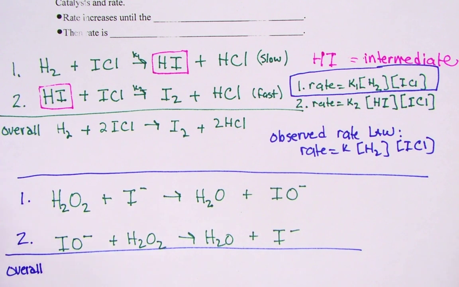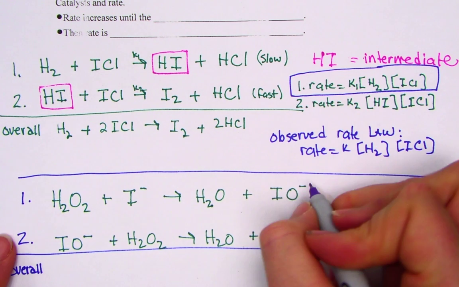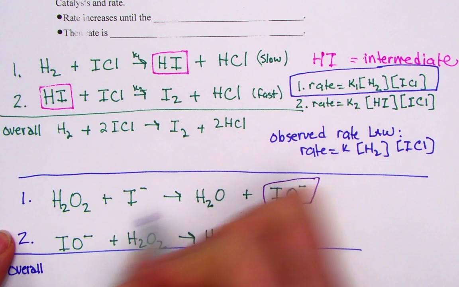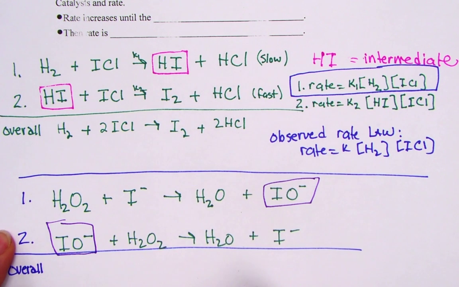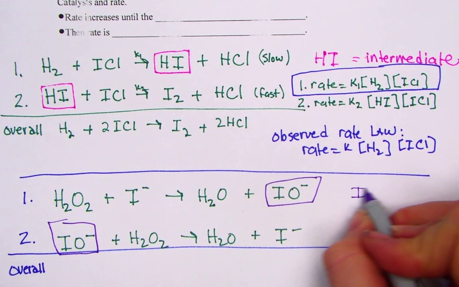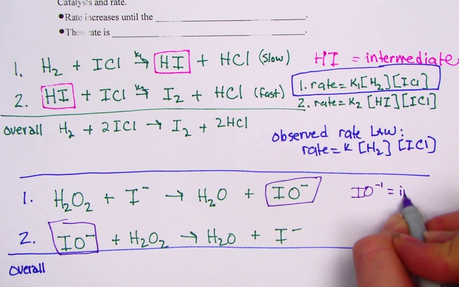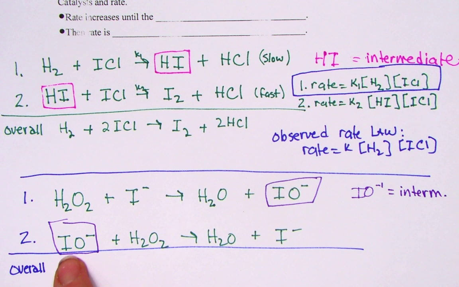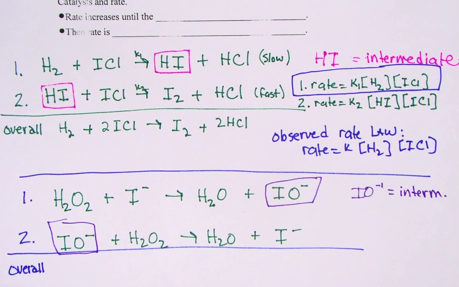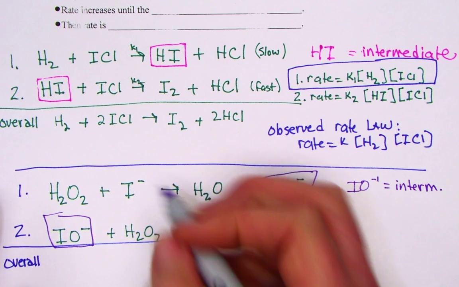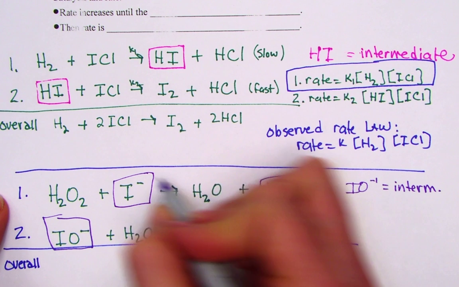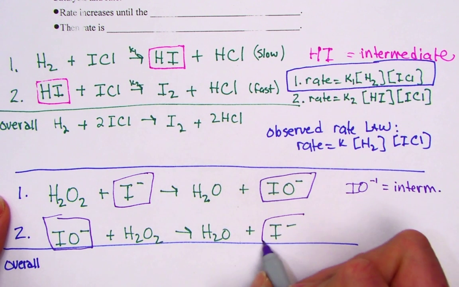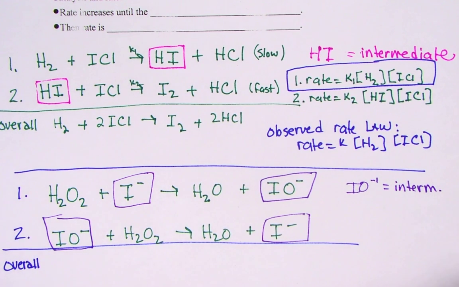What I'm noticing is a couple of interesting things. First of all, I have IO negative 1 formed and then used. IO negative 1 is what we called an intermediate. It's produced and then consumed. What I also see is that I negative appeared as a reactant and again as a product.